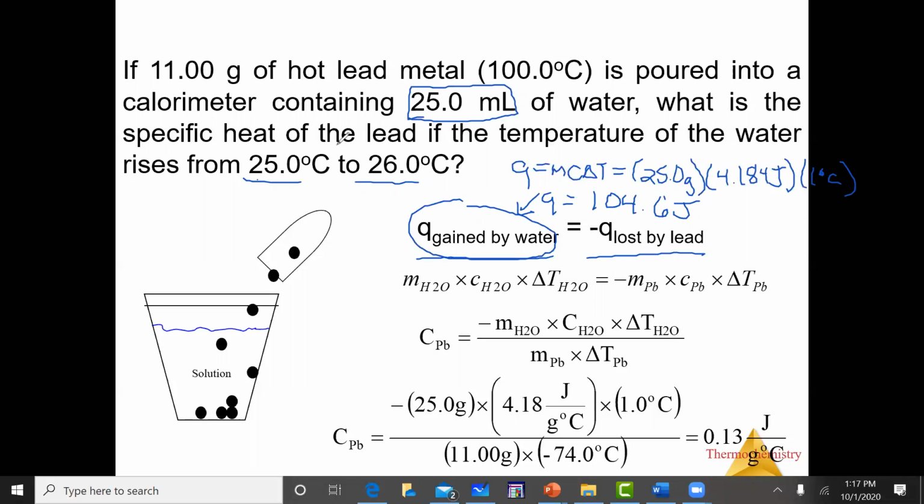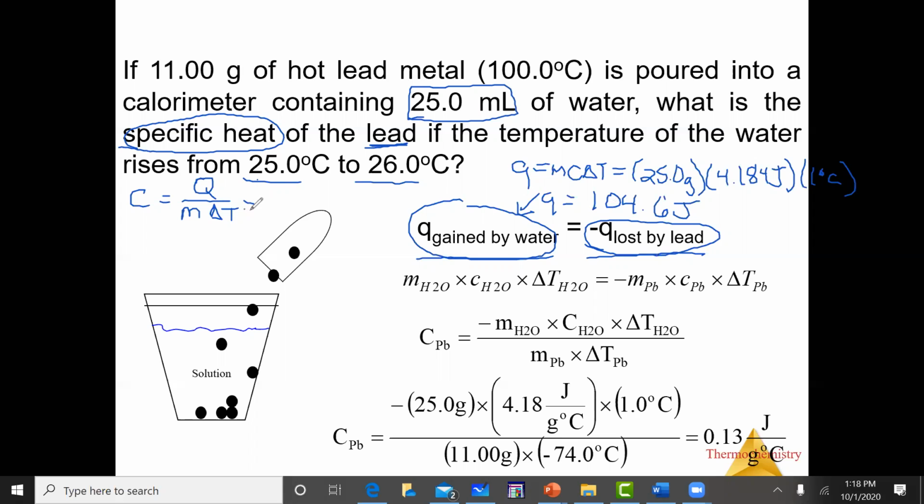Now, in order to find the specific heat of the lead, C is equal to Q over M times delta T. Q is the heat of the metal, and we can figure out really quickly the heat of the metal because we know the heat gained by the water is equal to the heat lost by the metal.